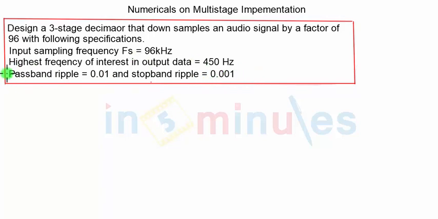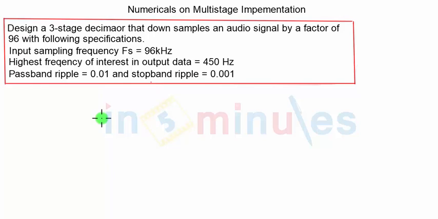Now, ripple only comes into the picture in the passband and stopband, and passband and stopband are associated with filters. So when we are designing a decimator, why are the specifications of a filter suddenly given? That is simply because every decimator and interpolator is associated with filters. In the case of a decimator, we have a filter before the process of decimation.